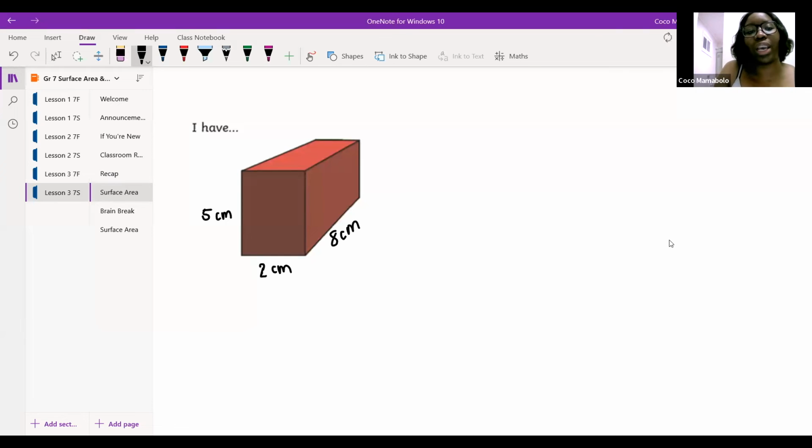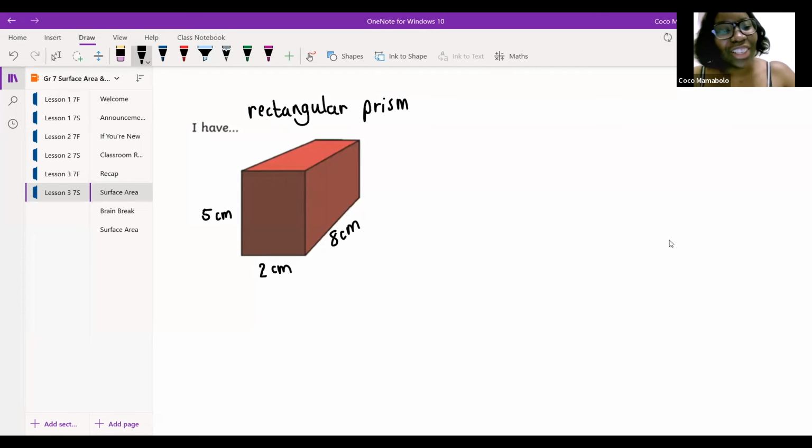Good, it's called a rectangular prism. Now, I need to ask you guys, tell me in the chat, everyone.